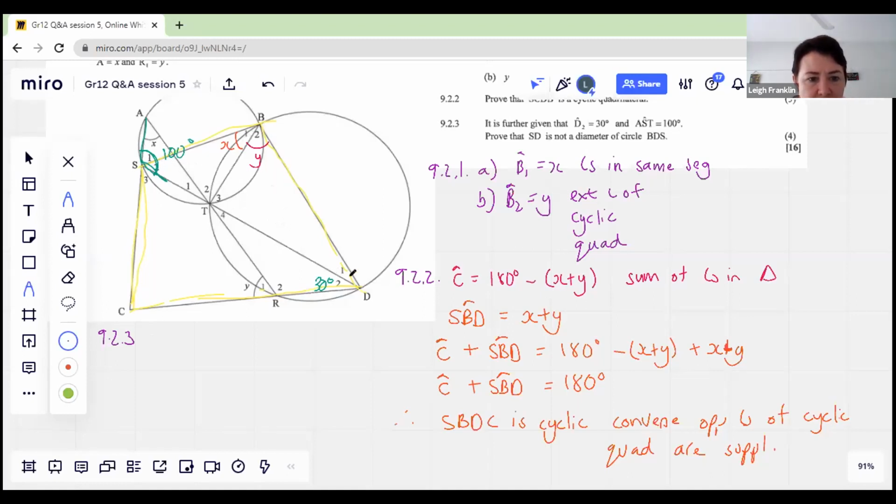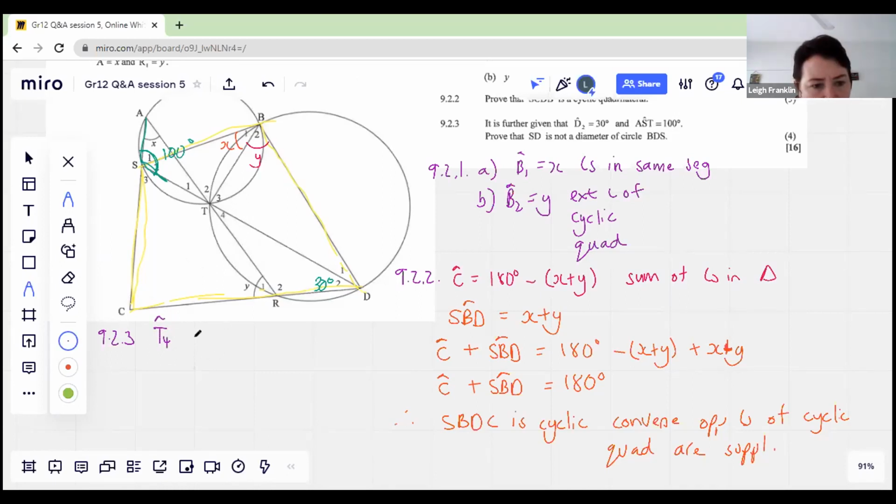Okay, so we know that the whole thing here is 100. And we know that that's 30. So what can we work with here? All right, what if we work with angle T4?